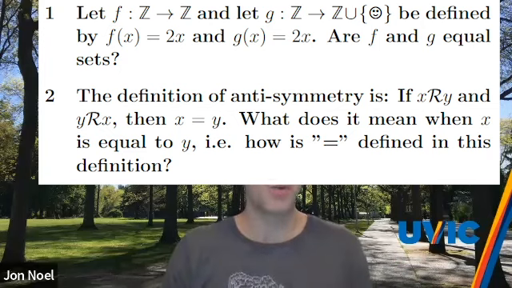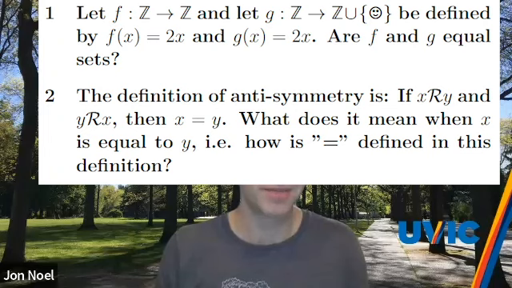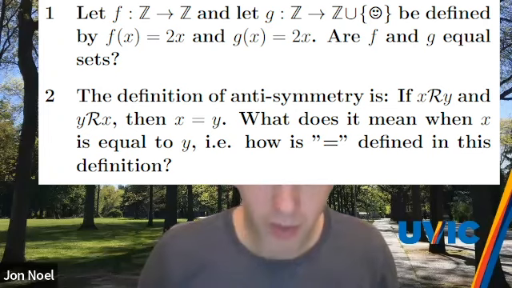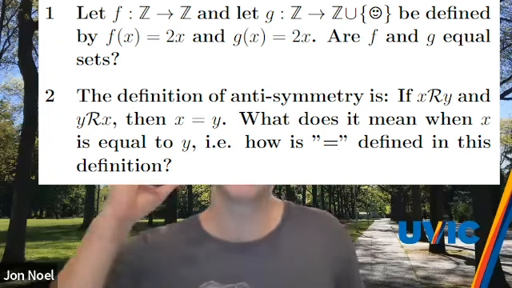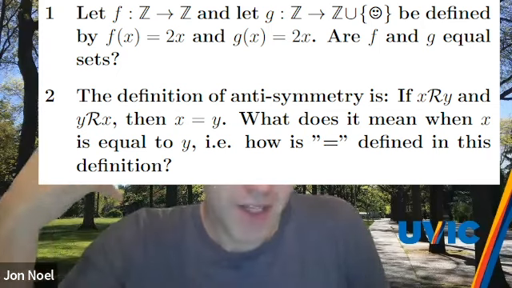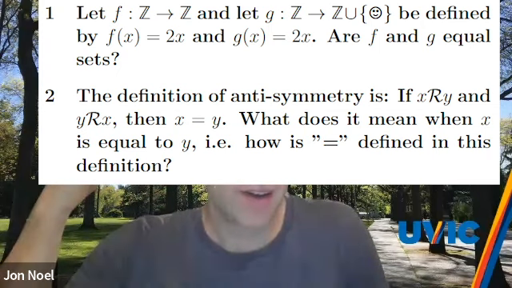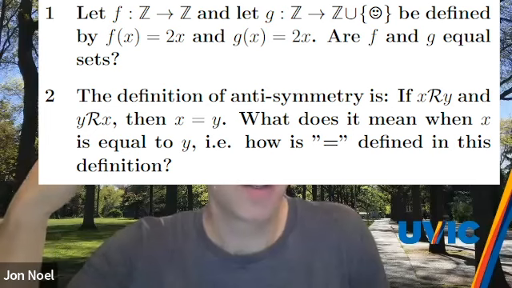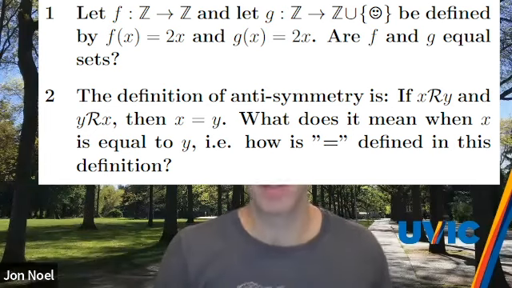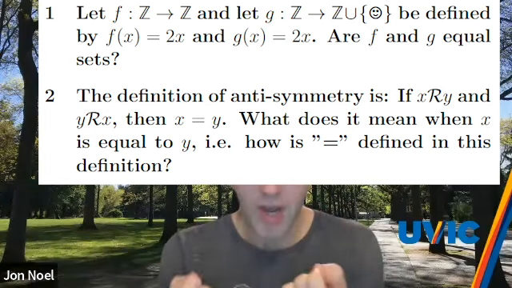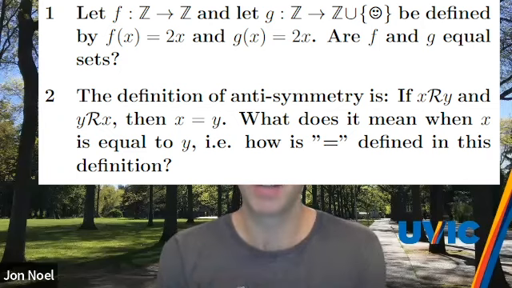And the question is, what do we mean by equals? This is a good question because in some sense, the definition of equals is supposed to be clear from context. So x and y are some kind of mathematical objects. They could be numbers, they could be sets, they could be functions.